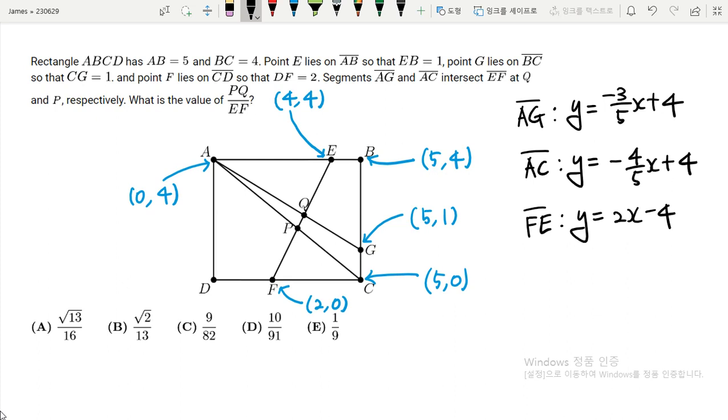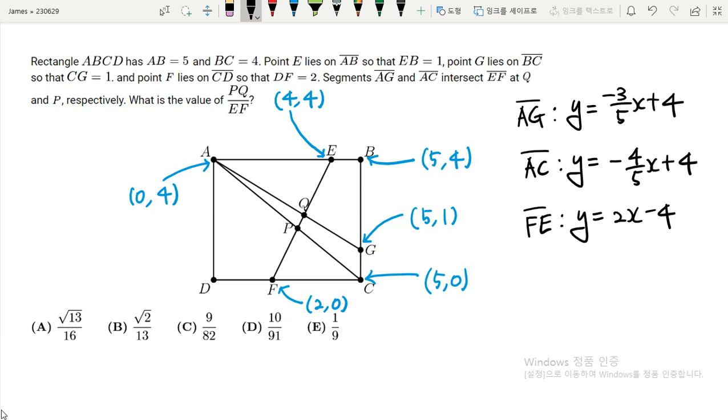So using these equations, we can find the coordinates for P and Q, the intersection points. So to find the coordinate of Q, the first and third equations we are going to solve.